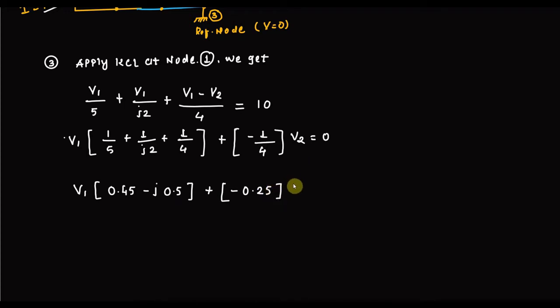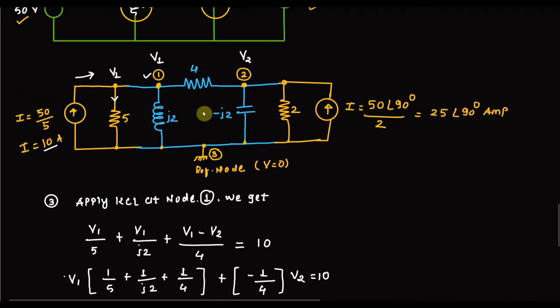And sorry, this will not be equal to 0, it will become equal to 10. This will be your equation number 1. So in that way we have written the KCL equation for node 1.